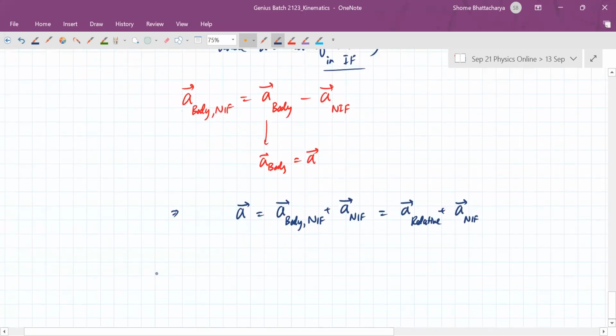So now from the above equation, we have m into a.